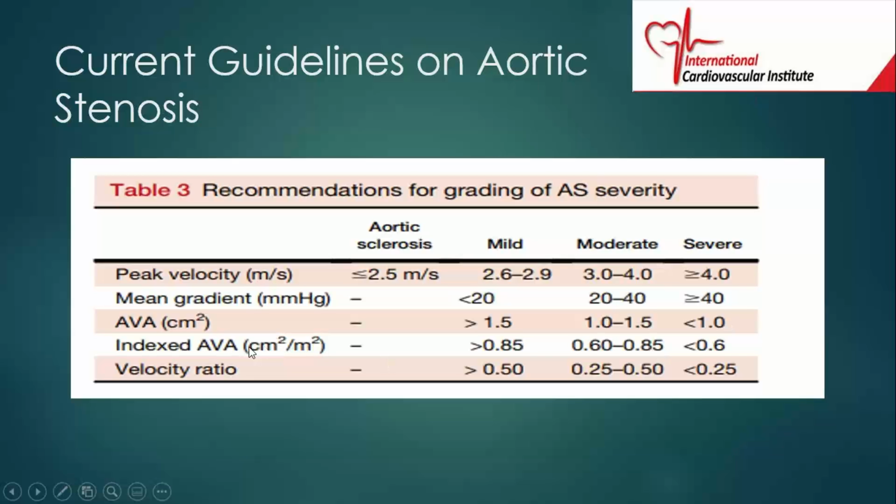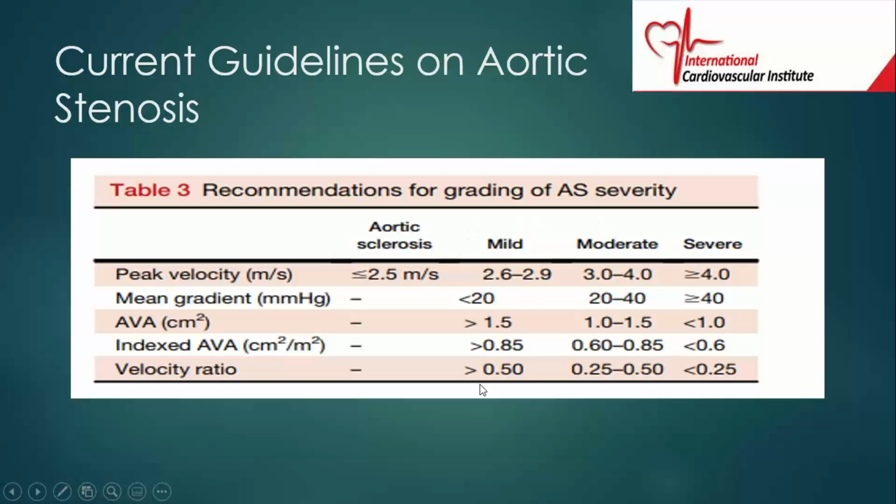For small individuals, not all your patients, you can use an index, dividing the valve area by the body surface area. If the aortic valve area index is less than 0.6, it suggests severe aortic stenosis. The dimensionless index or velocity ratio less than 0.25 also suggests severe aortic stenosis.